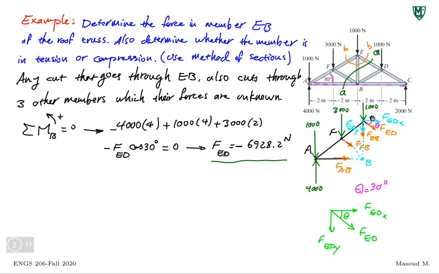As we said, if the whole structure is under equilibrium, every part of it should be under equilibrium. Now you might say, what is the difference between this cut and a joint method? I would say that's pretty much joint method. I'm kind of cheating here. You could just look at that joint and say, I'm going to use joint method here and look at the forces on joint E and find the force I want.